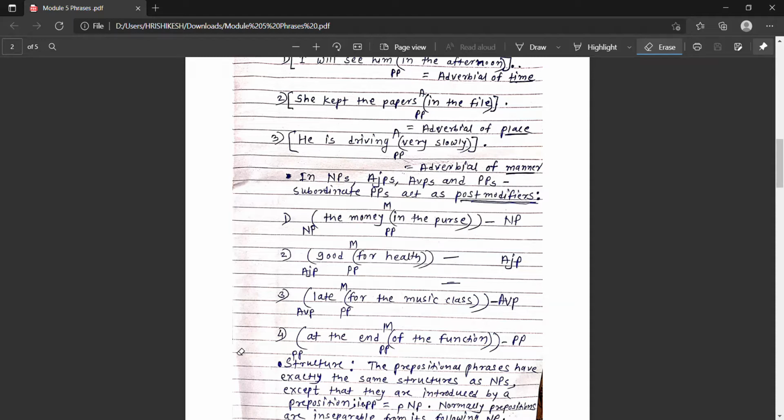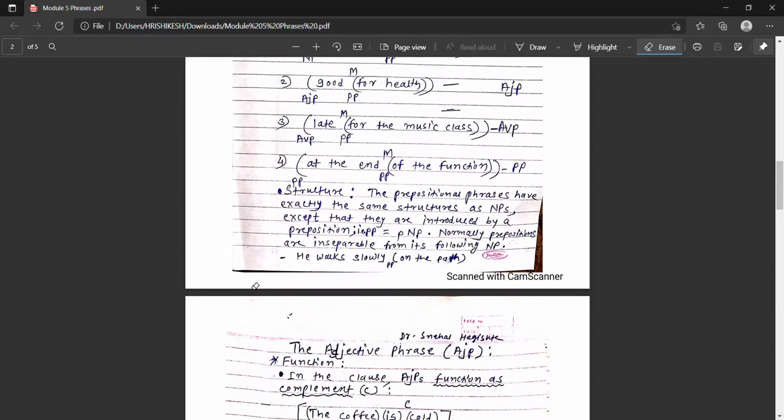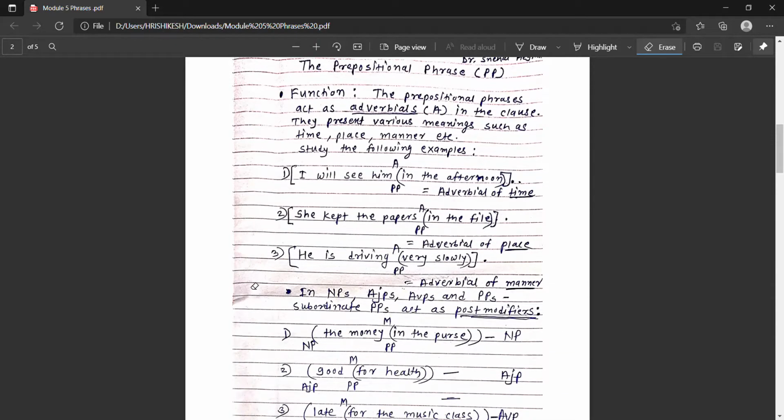So here we discussed that there are two functions of the prepositional phrases. One is prepositional phrases function as adverbials in the clause. Sentence number 1 is enclosed in a square bracket. Square bracket is used for enclosing clauses. Okay. In the clause, prepositional phrases function as an adverbial.